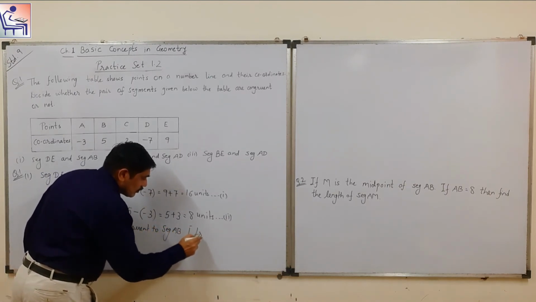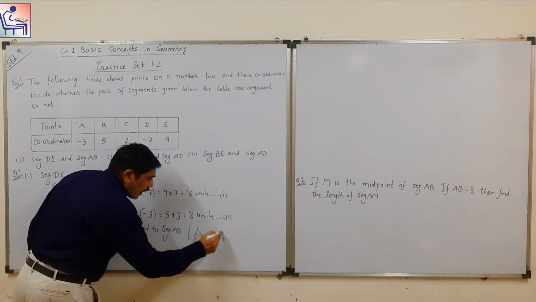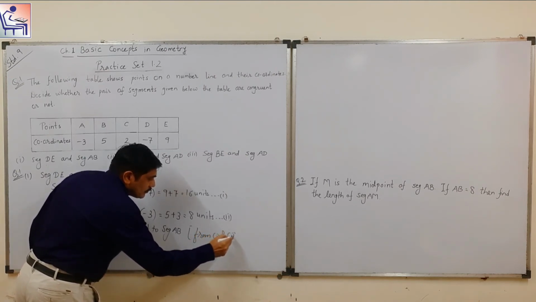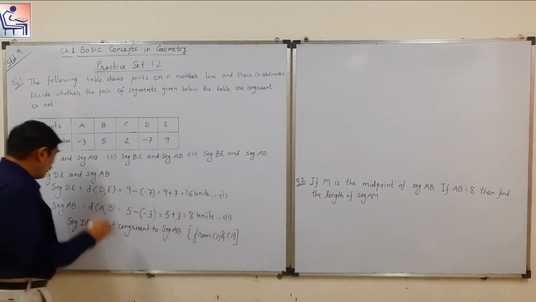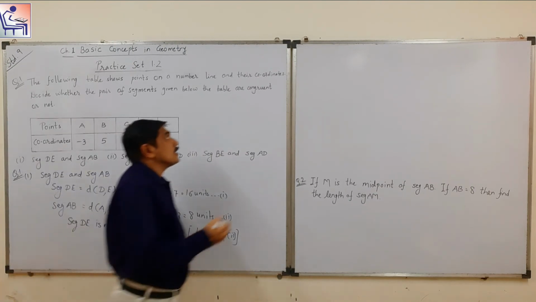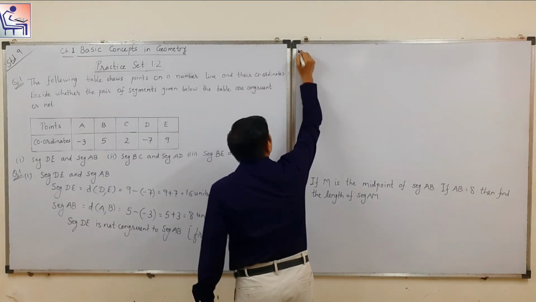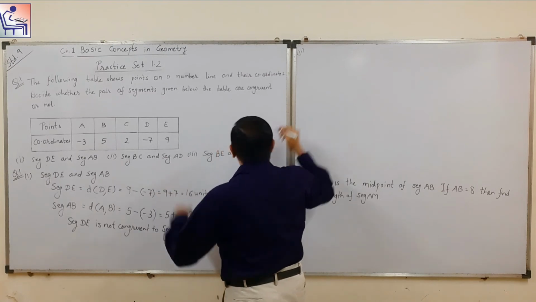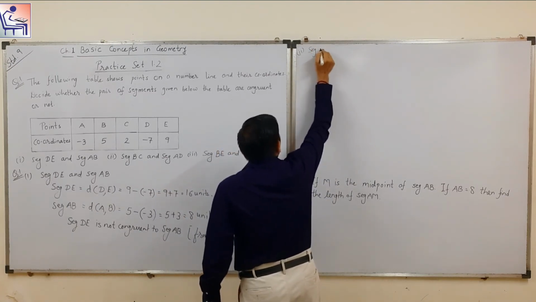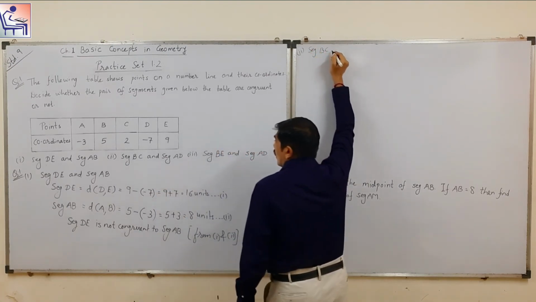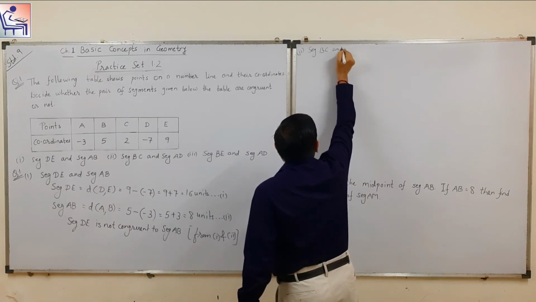from 1 and 2. Now we will move towards the second question. The second question is segment BC and segment AD.